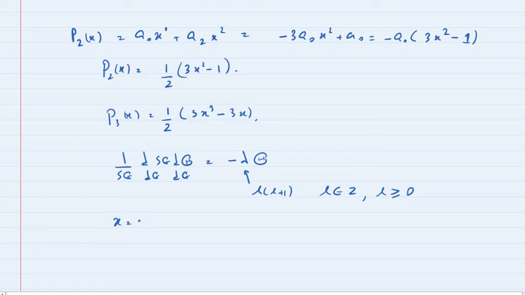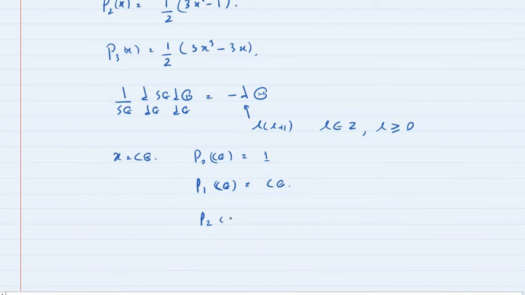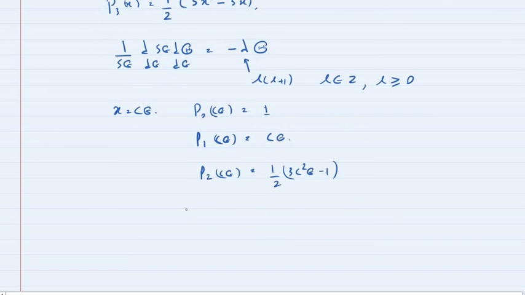Since x is equal to cosine theta, our solutions for this equation become P0(cosine theta), which is equal to 1, P1(cosine theta), which is equal to cosine theta, P2(cosine theta) is equal to 1/2 times 3 cosine squared theta minus 1, and so on.